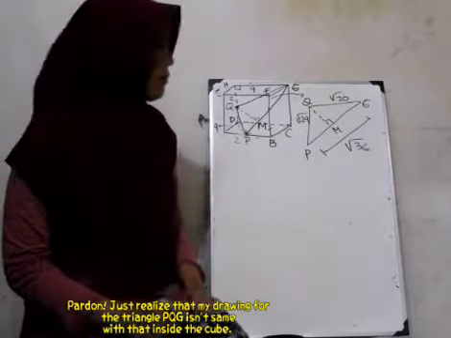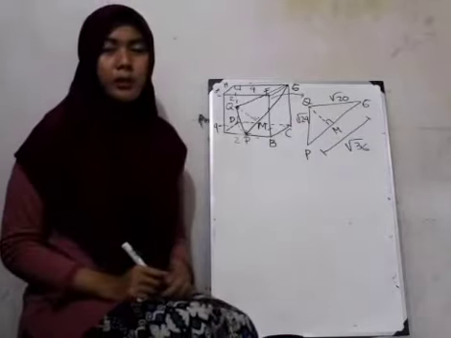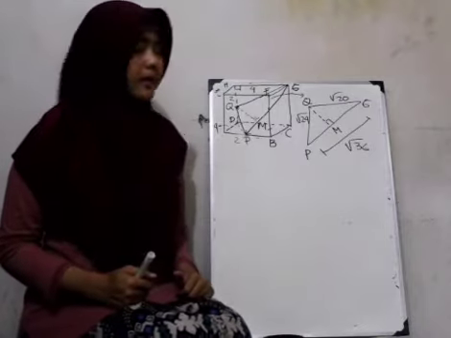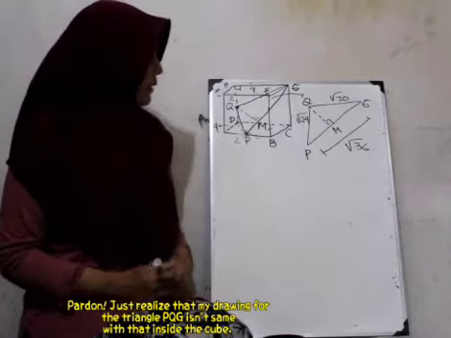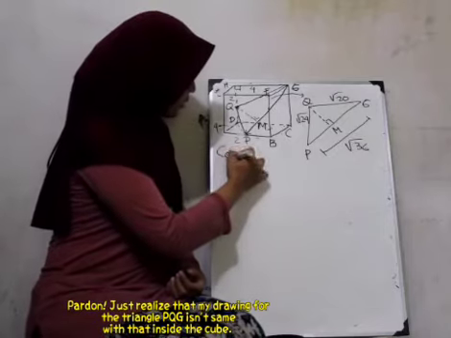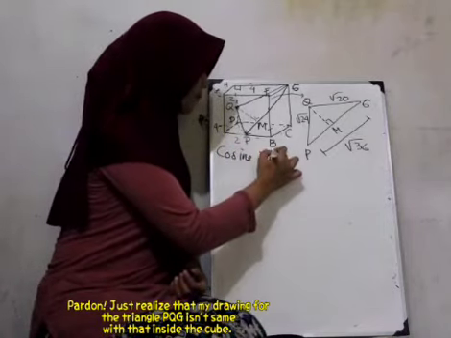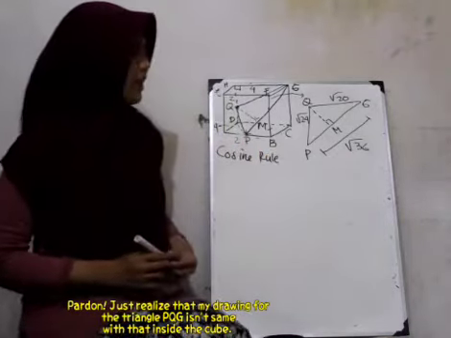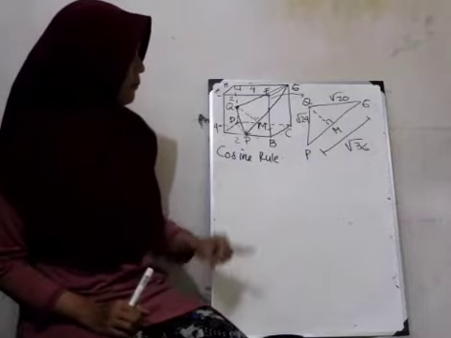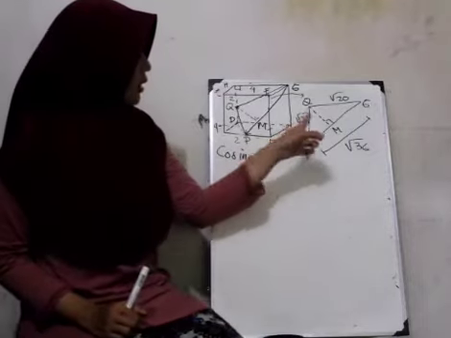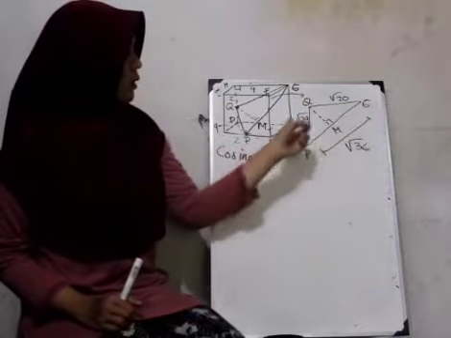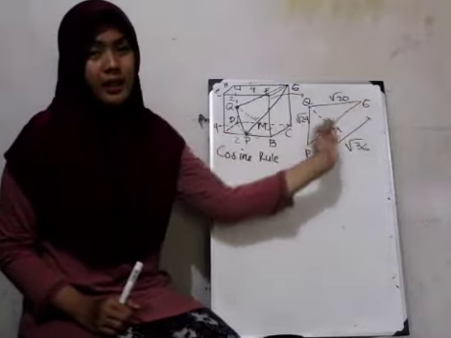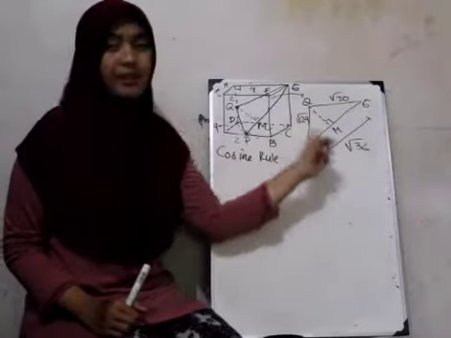Before, I told you that we will use the cosine or the sine rule, but here I will choose the cosine rule. Why? First, with the cosine rule, we have all of the lengths of the sides.